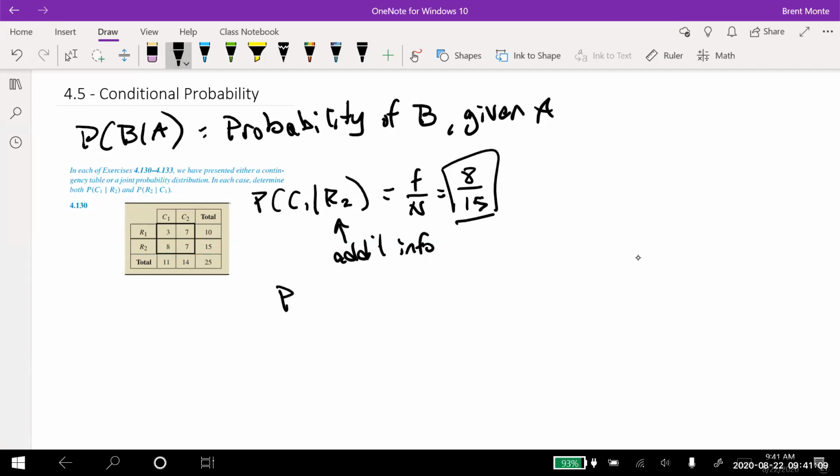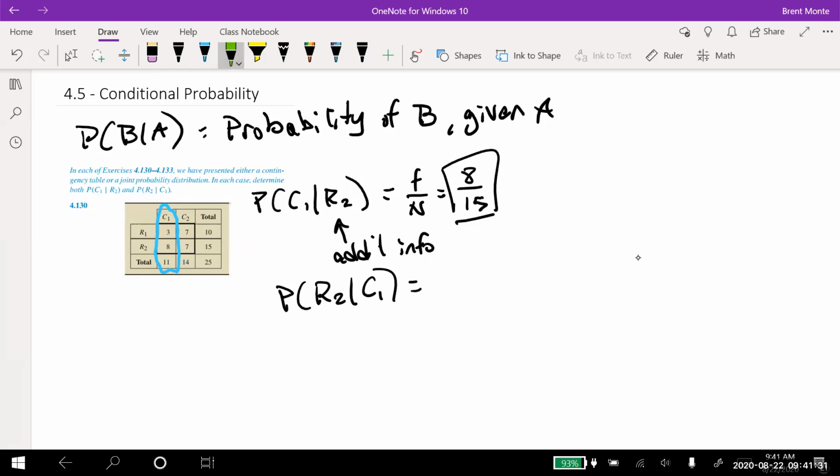So now if I do the probability of R2 given C1, again, remember we're looking for the probability R2 happens, but we have that additional information that it was in column 1. So we know it's in column 1. Now pretend that's our whole table. And if that was our table and they said, what's the probability of R2?